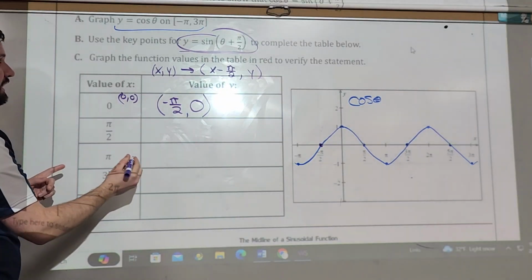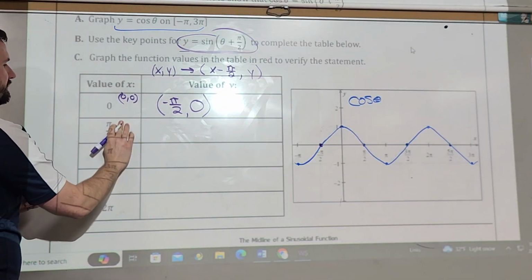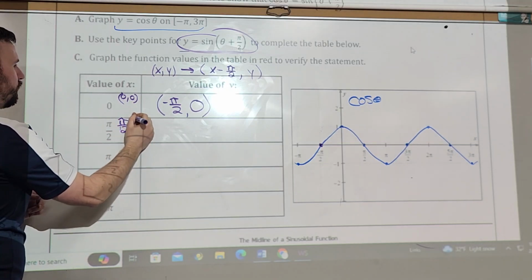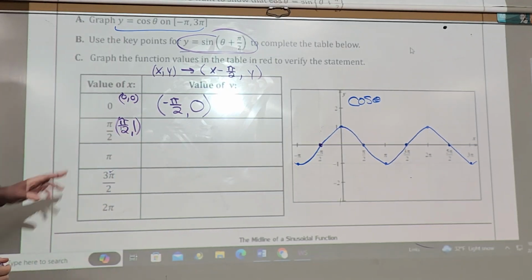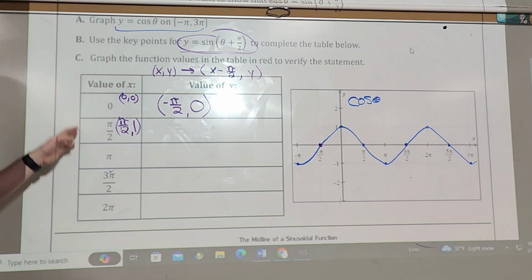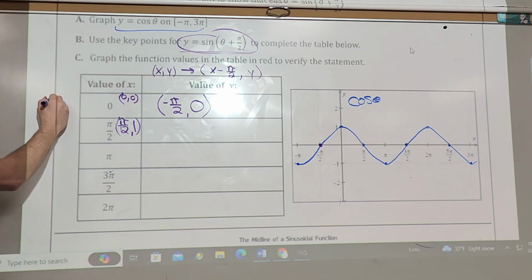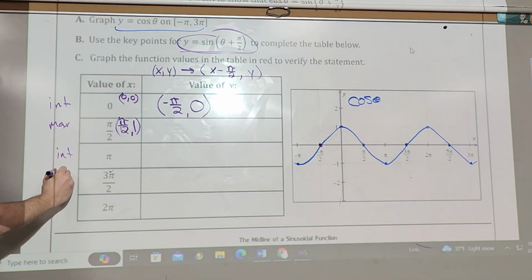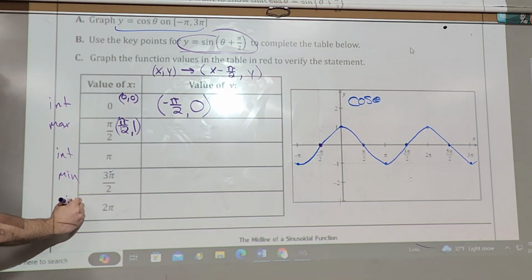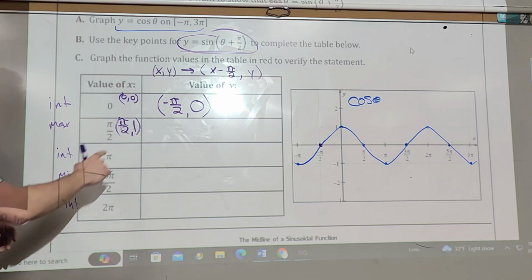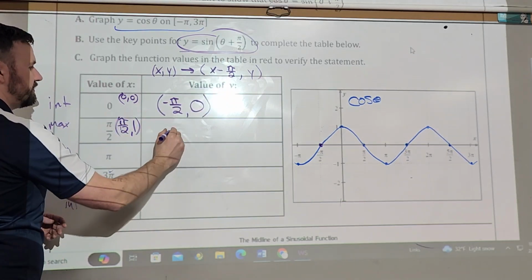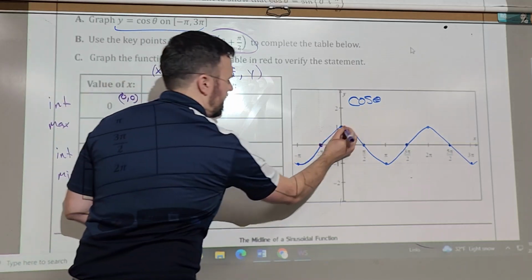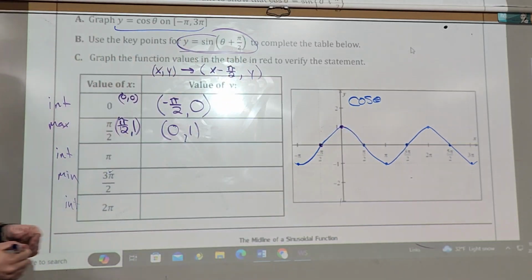Now my next point is usually what? Pi over 2, 1, right? Because we're graphing sine: 0, max, 0, min, right? Intercept, max. You guys remember this? It's a nice review if you don't. So what's pi over 2 minus pi over 2? 0. The 1 stays the same. Look at that.